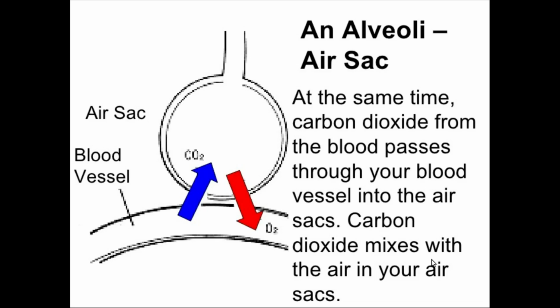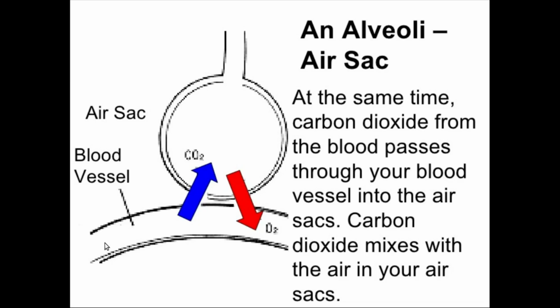When the cells use oxygen, respiration takes place and it produces carbon dioxide. Carbon dioxide is more soluble in water than oxygen, so carbon dioxide is mostly transported in the dissolved form in our body.